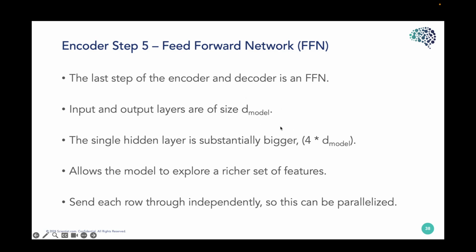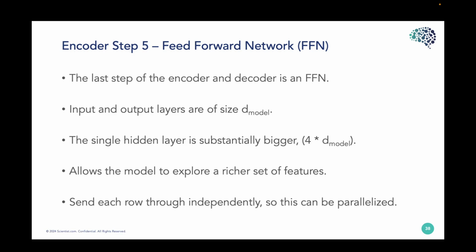In the transformer, the hidden layer is typically substantially bigger. It is typically 4x the D model. No reason it has to be, but that's what they found works. And then the output layer is also D model because you want your output matrix to be the same dimensions. So then you push your matrix through this feed forward network, which the transformer is learning.